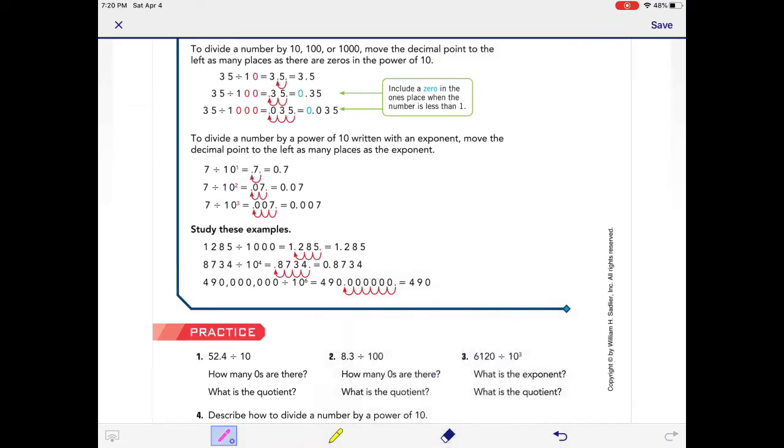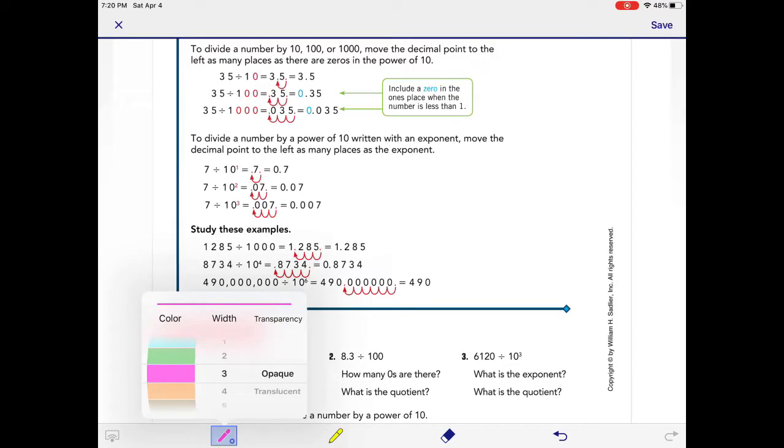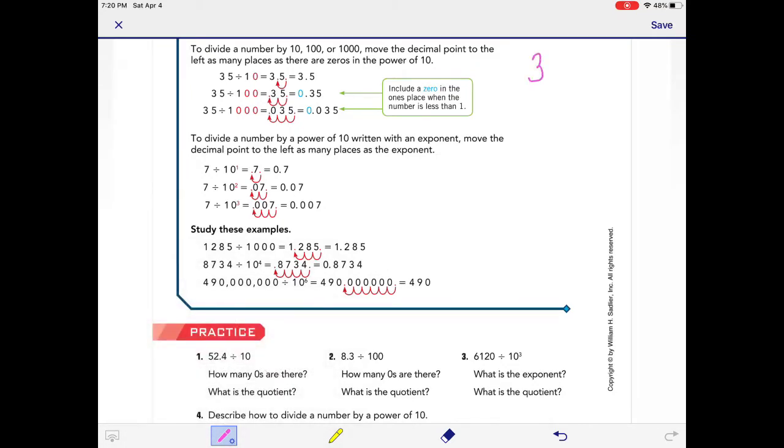So we learned that if you multiply a decimal, let's take 3.5, by a power of 10, let's take 100, for example, all you do is move the decimal point to the right the same number of zeros in your power of 10.